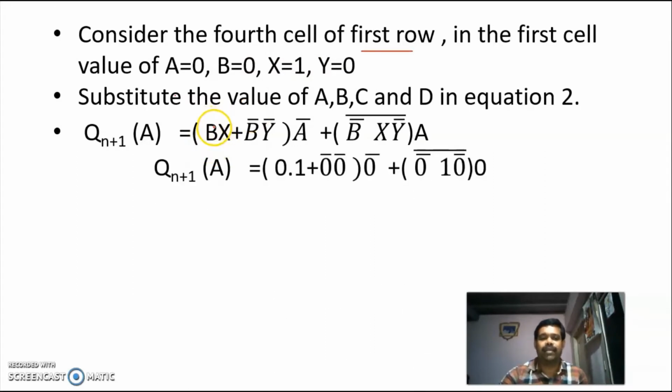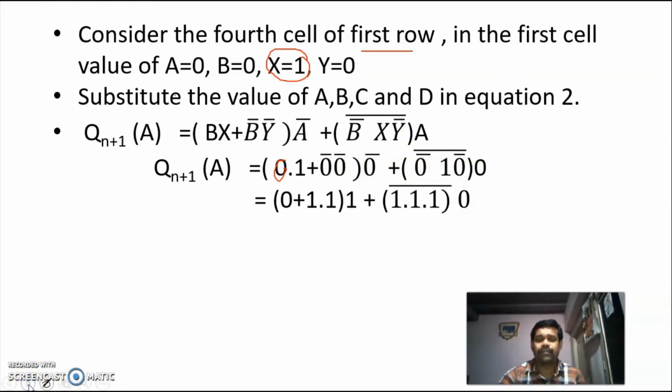So in this equation you are substituting. Only X is 1, all the others are 0. So 0, 1, 0 bar, 0 bar, again 0 bar. Here also you are substituting. Then you are getting 0 into 1 is 0. 0 bar is 1. 0 bar is 1. So 1 into 1 is 1. Here also 0 bar 1. Here 1 into 1 into 1 bar. 1 bar is 0.